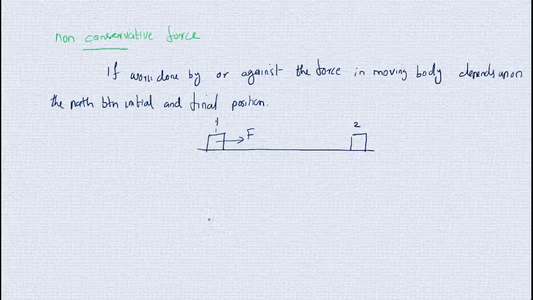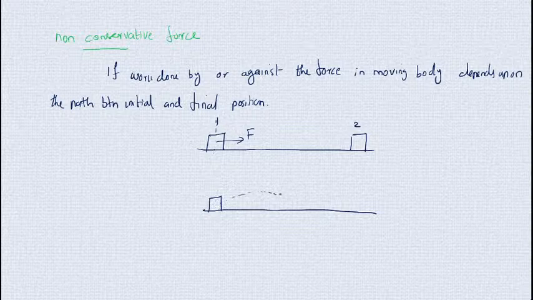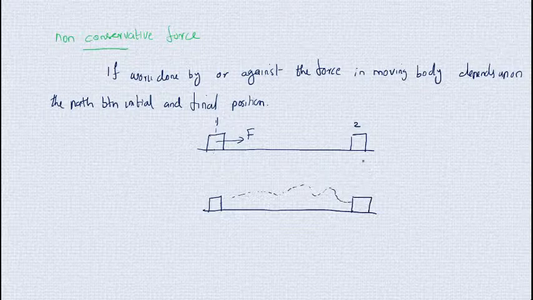Now in another example, the same body starts from the same point, but the body is now dragged along a different path. I cannot draw the path directly. Just imagine it is going in a different path and again comes back to the same final position as before. My question is, is the work done in both cases the same or different?